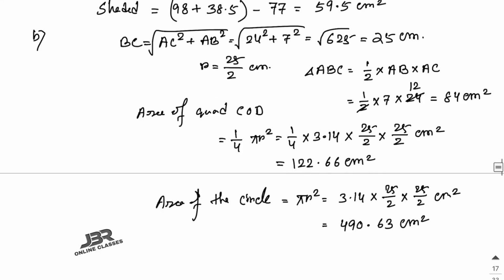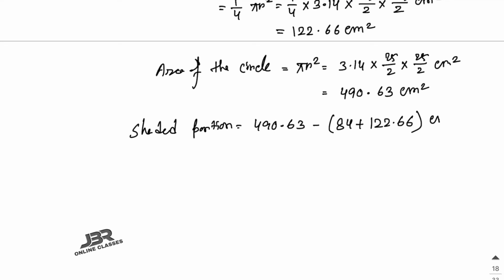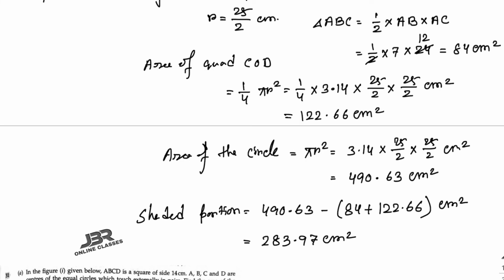So the area of the shaded region is 490.63 minus the area of the triangle 84 and then 122.66 centimeter square. So that one equals 283.97 centimeter square. So your answer is 283.97.